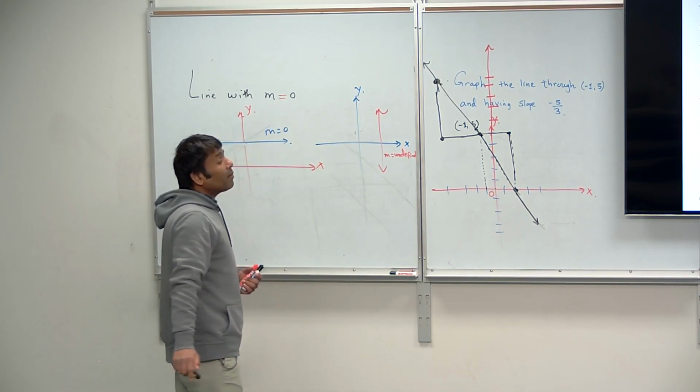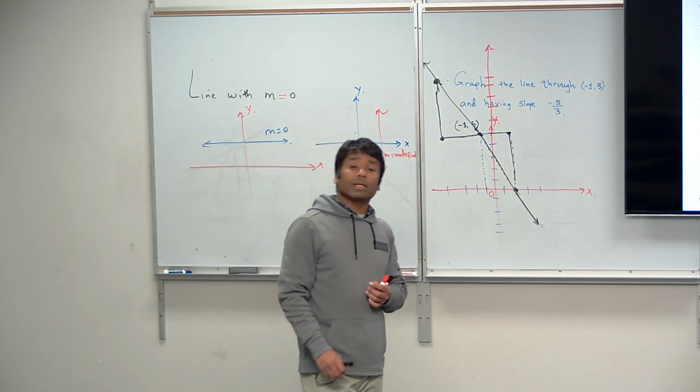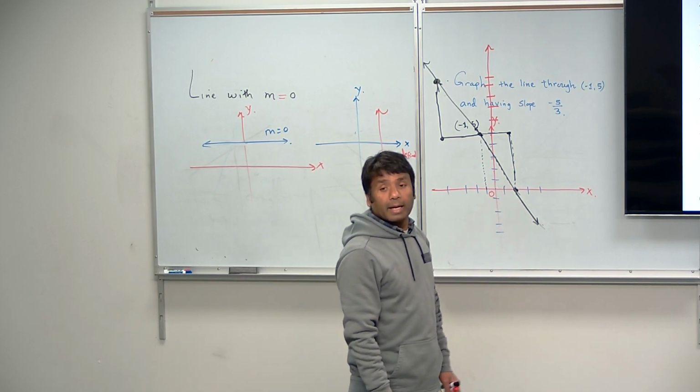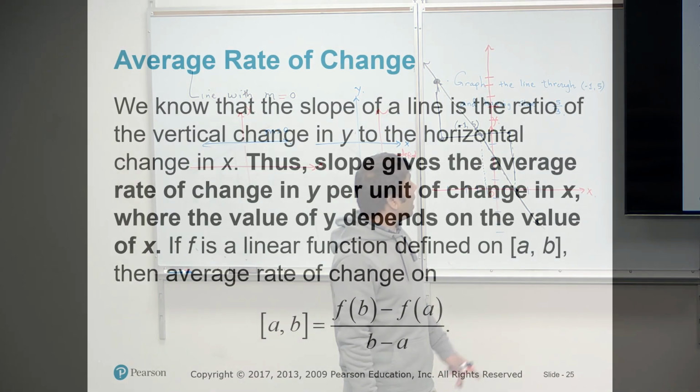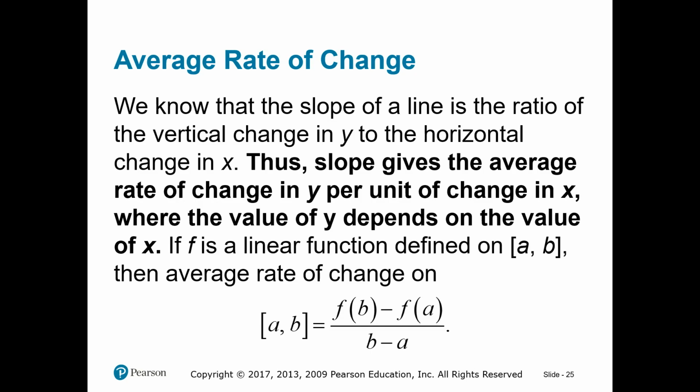So now, if you want to find the average rate of change, we use this formula. Okay? f(b) minus f(a) over b minus a. If you want to find out the average rate of change in y per unit of change in x, then we use this. So this is pretty much the same as the what? Slope. So the only thing we need to know is this, guys.